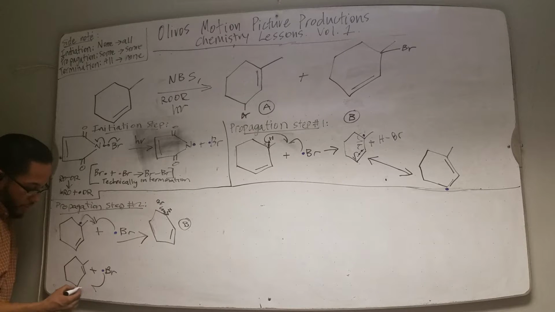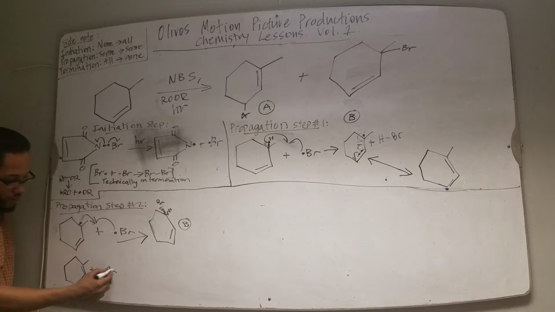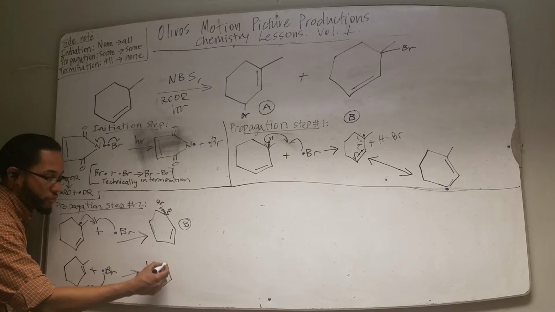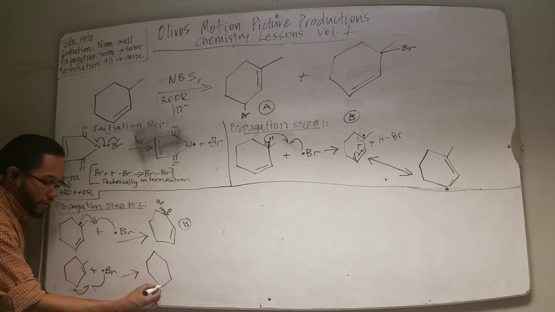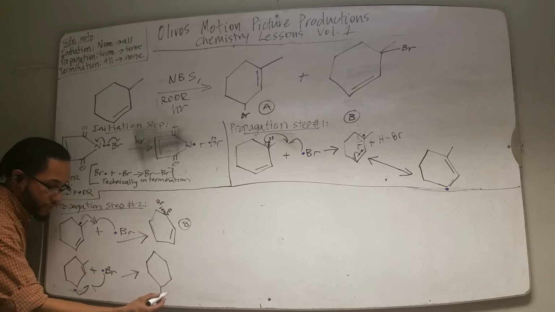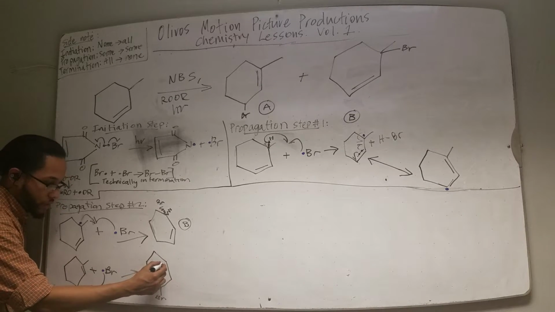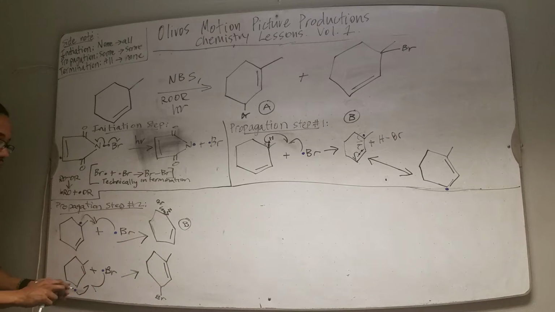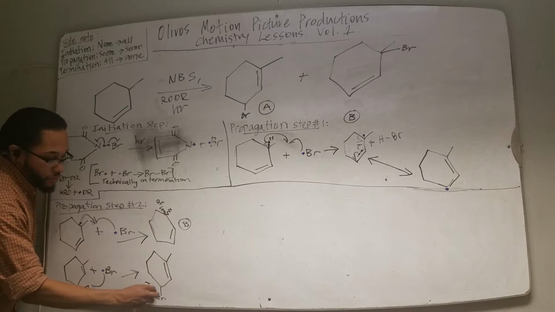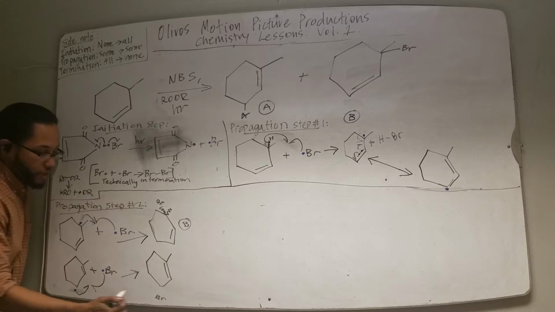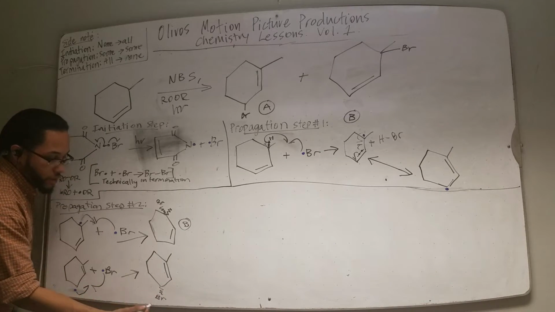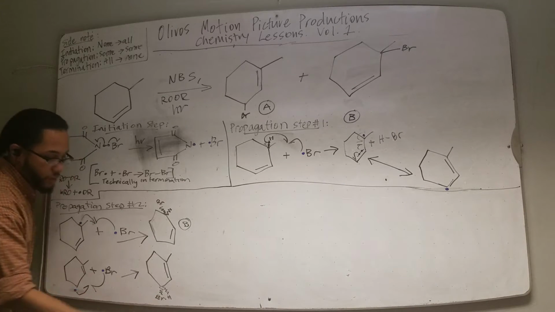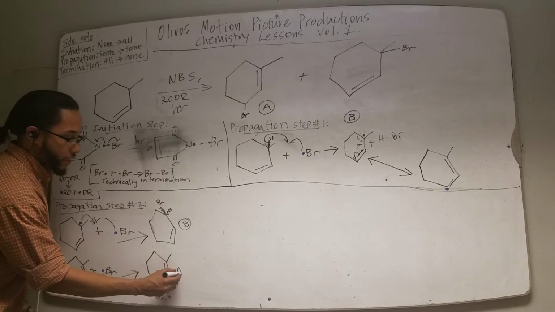You take that bromine radical, you make that other radical go there, and it's going to combine to give you that other compound that you've been trying to get. Now you finally have it, and you have your alkene, and you still have your methyl, but remember, always stereochemistry. This is going to be racemic, and don't forget you also have a racemic hydrogen right there. Okay, now that's your compound A.